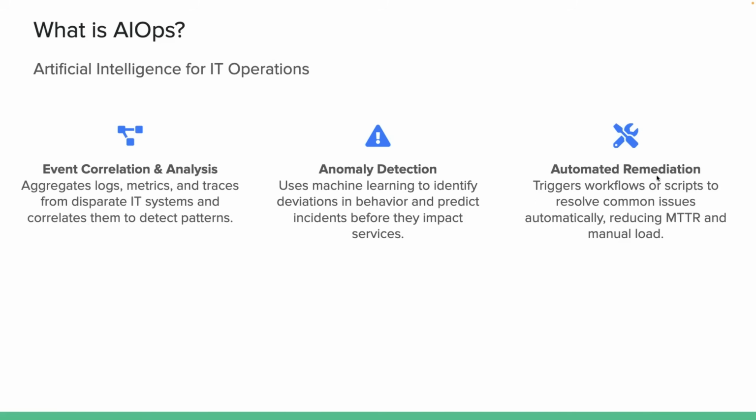It doesn't have to be remediation all the time. Maybe they can send you some notifications through Slack or email. But if you allow these systems to perform any kind of remediation, they can also do it, probably by auto scaling or probably by increasing the resources. These are some of the things that AIOps solutions do.